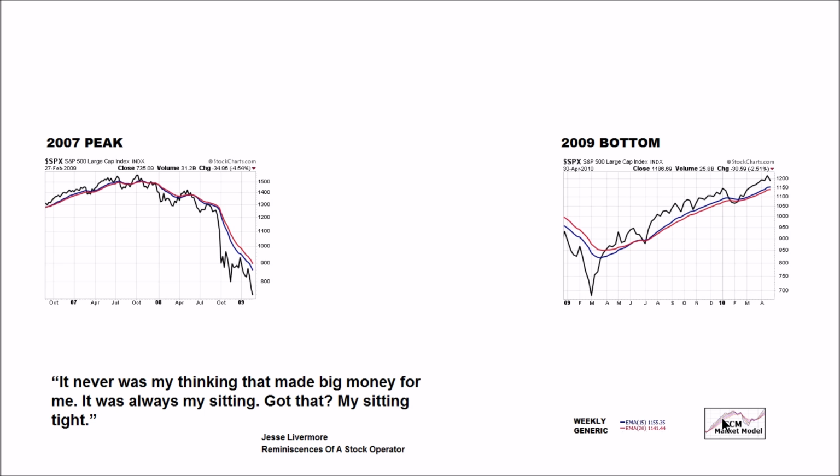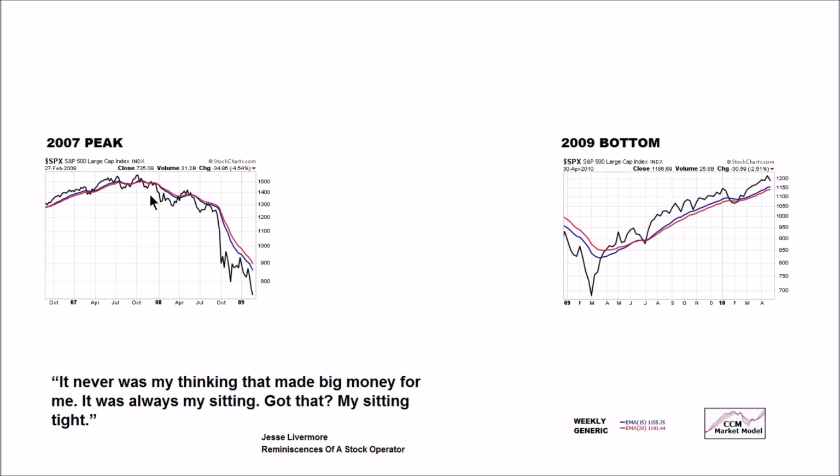The basic premise of the CCM market model is to monitor and adjust if needed, and for the most part, to have our capital in harm's way when the odds are in our favor, and to move our capital out of harm's way and to migrate toward defensive assets when the odds start to shift, and then to stay in a defensive posture when the odds are clearly not in our favor.